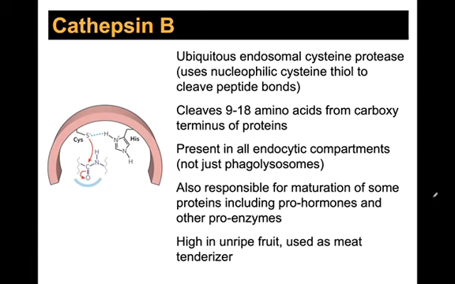It's high, particularly in citric fruit or citric juices. So if you incubate your pork loin in pineapple juice, it's actually degrading those proteins to some degree, allowing it to be tenderized. Just trivia there.